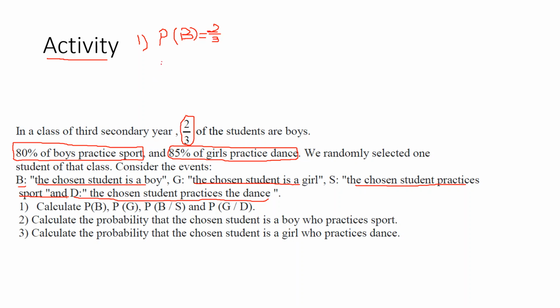Probability of girl is how much? 1/3. How did you get 1/3? 1 minus 2/3. Probability of B bar is 1 minus 2/3, equal 1/3.